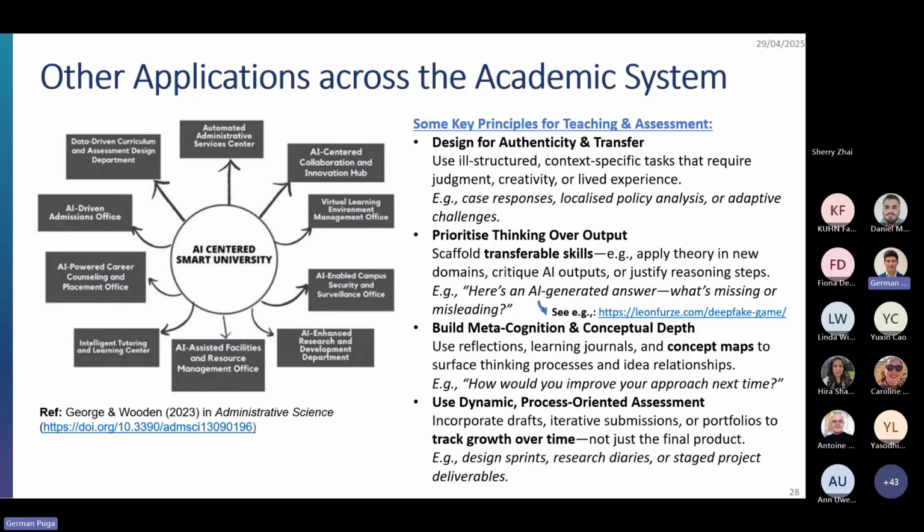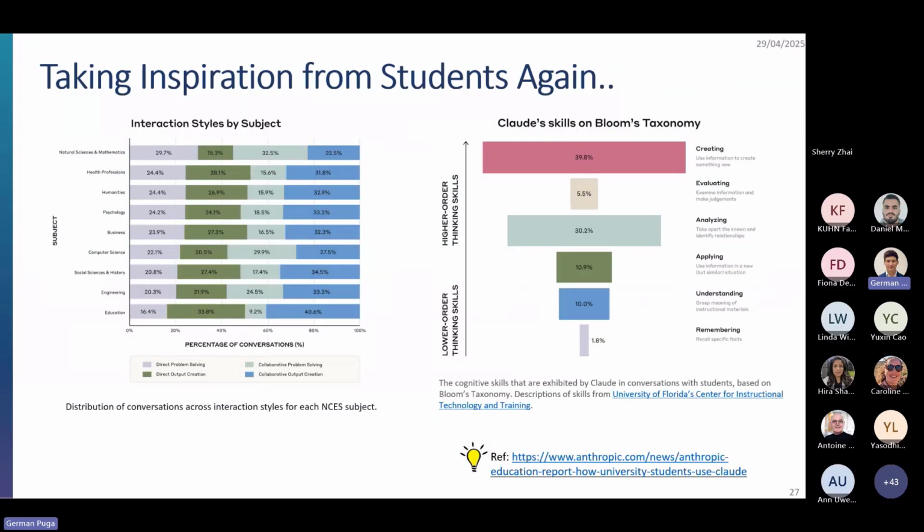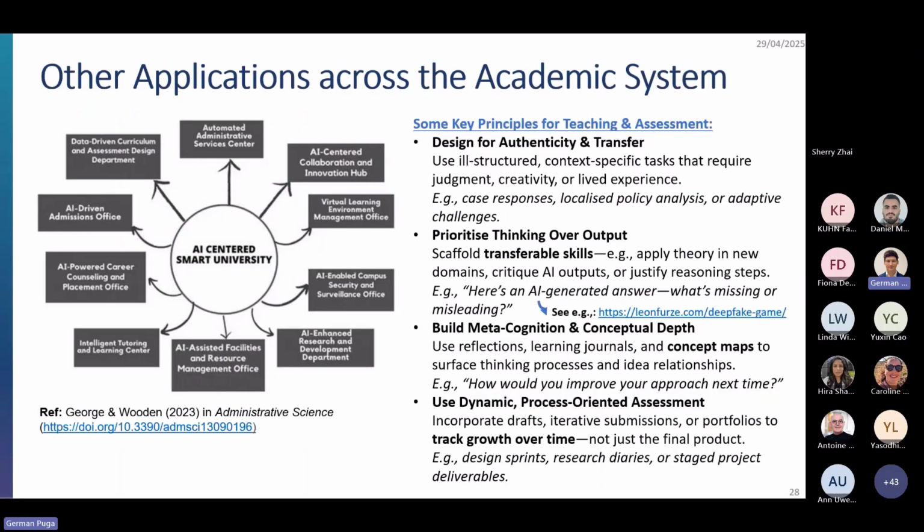Other applications across the academic system. So we've now gone through and written the whole paper, maybe with some help. And now we want to think about lecturers or teachers, or maybe admin or the admissions office. I know the University of Alberta in Canada is going really heavy on this automated admissions office.